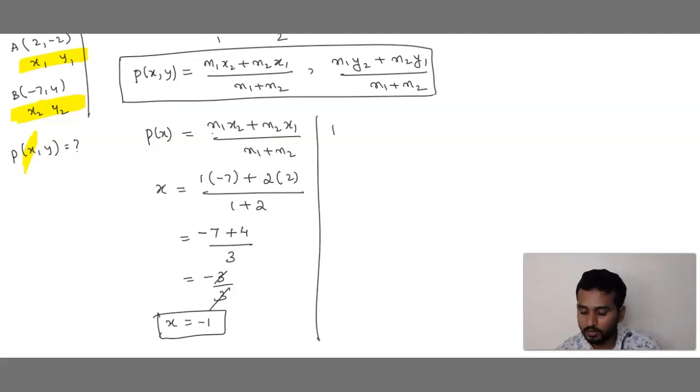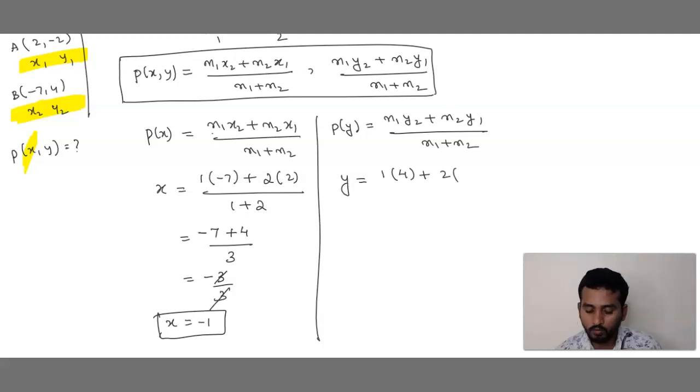Same way we can find y. P of y is equal to m1 y2 plus m2 y1 by m1 plus m2. That is y equals m1 is 1, y2 is 4, plus m2 is 2, y1 is minus 2, divided by 1 plus 2. 1 four is 4, plus into minus, minus 2 twos are 4, by 1 plus 2 is 3. 4 minus 4 is 0 by 3, which is 0.